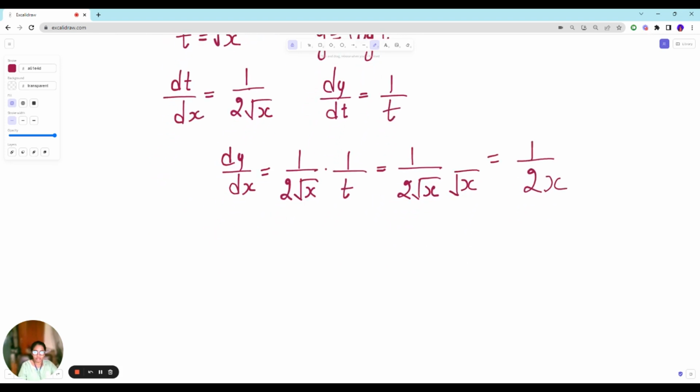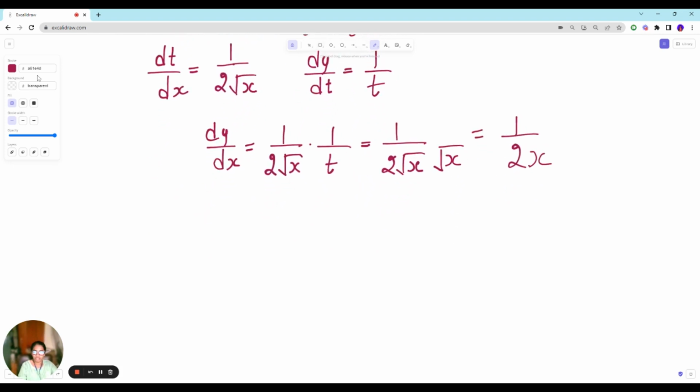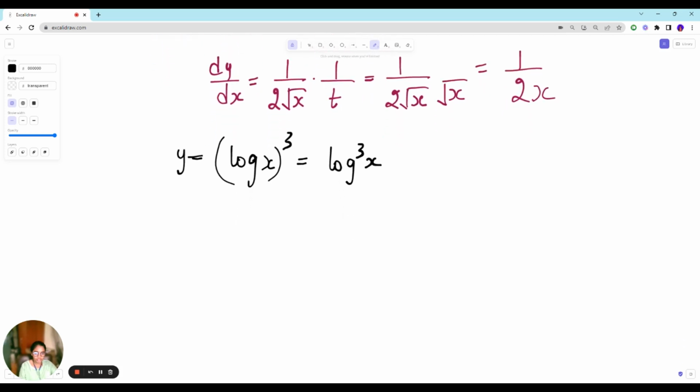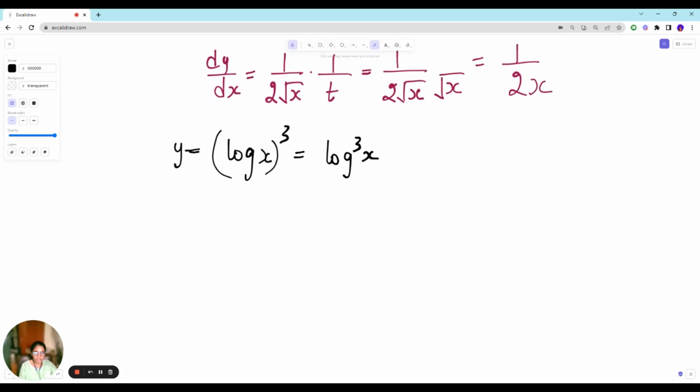Okay, so now let us solve one more. Given y is equal to log x the whole cube, or I can also write it as log cube x. What is the differentiation of this? What should I take t as?